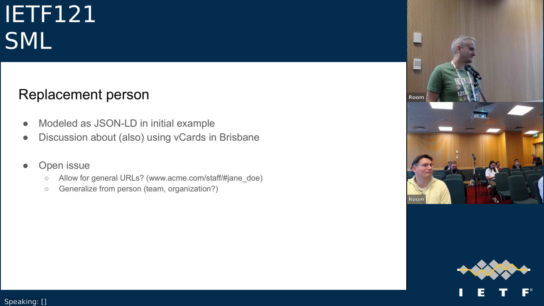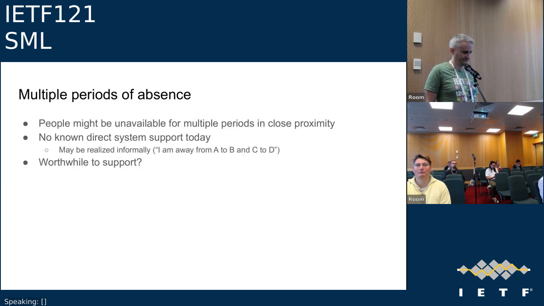So yes, I'm just relaying what was asked in Brisbane, but of course it's a valid question also to use J card. Okay, I'll take it to the mailing list. Next slide.